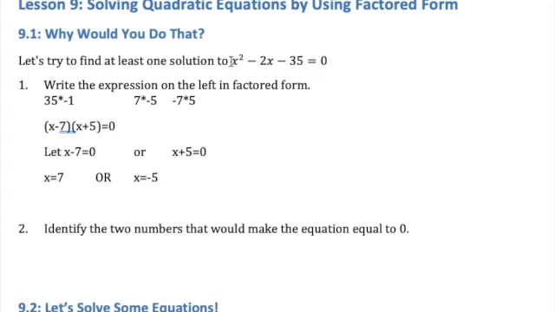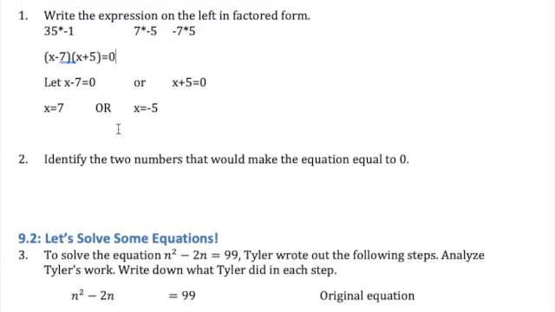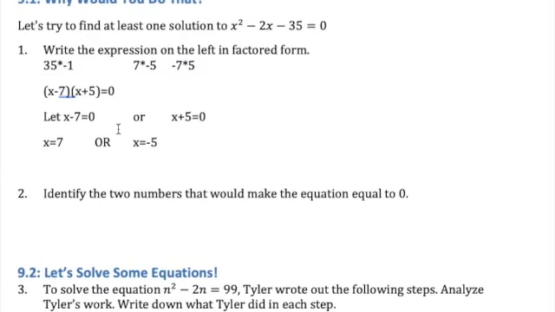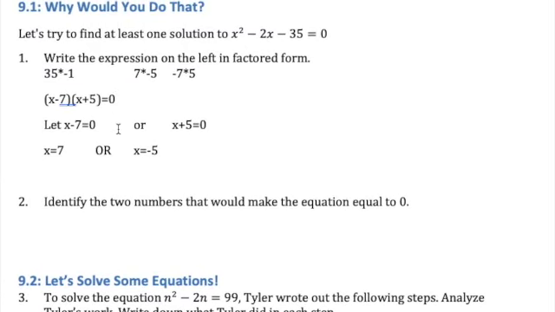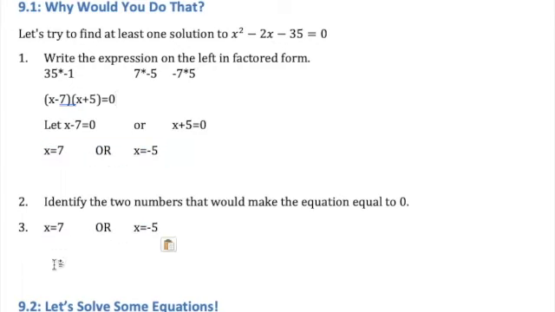We're just going to factor some stuff and set it equal to 0 and just find out which two numbers make it true. And that's all. So we'll probably do some stuff that's easier to factor today just because it's simpler steps, and maybe stuff that has one more step required as well. So the two numbers that would make the equation equal to 0 are 7 and negative 5.